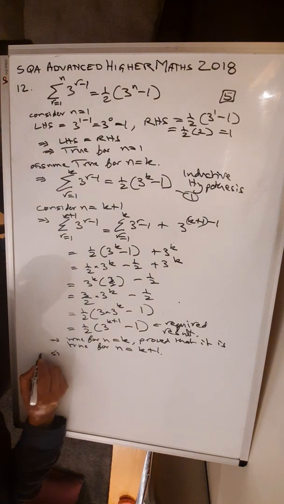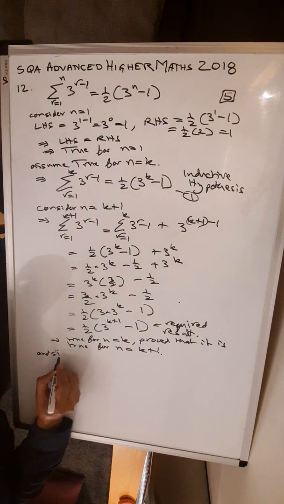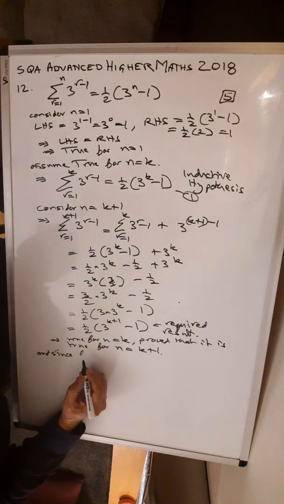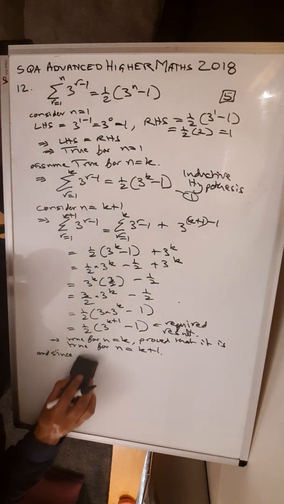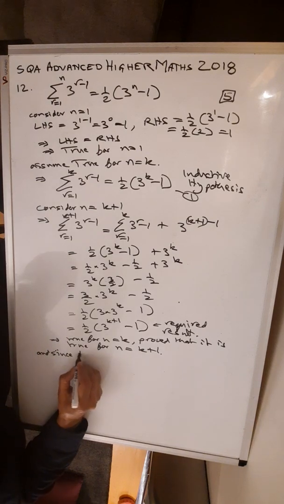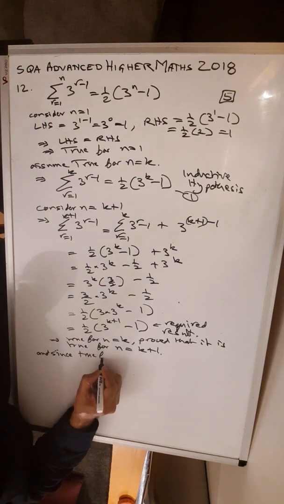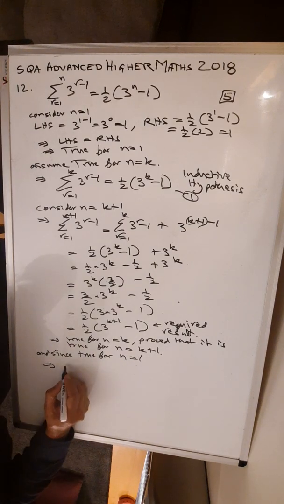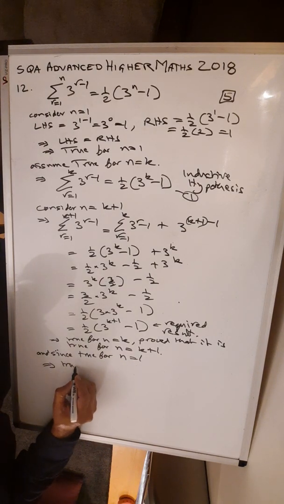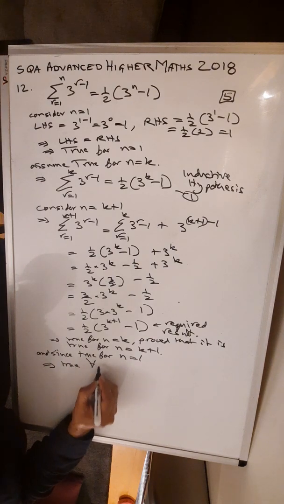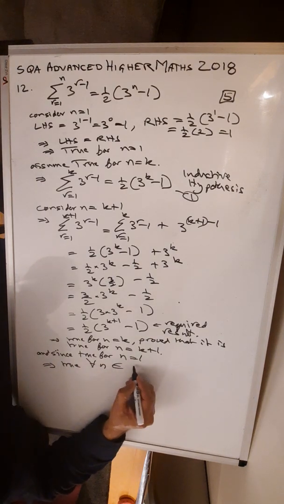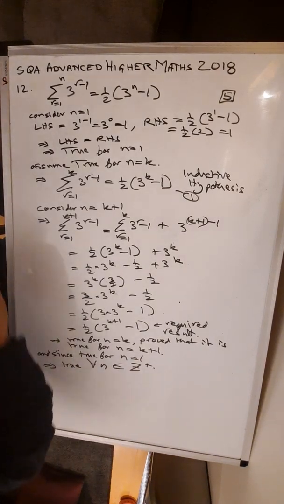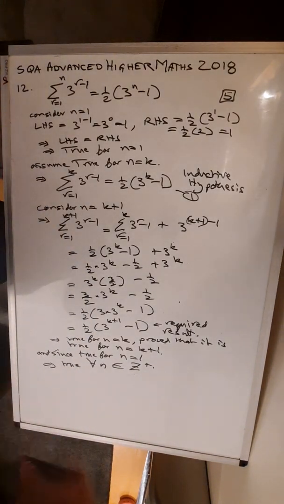Since it is true for n equals 1, that implies it's true for all n, members of the natural numbers, positive integers. That is for 5 marks.